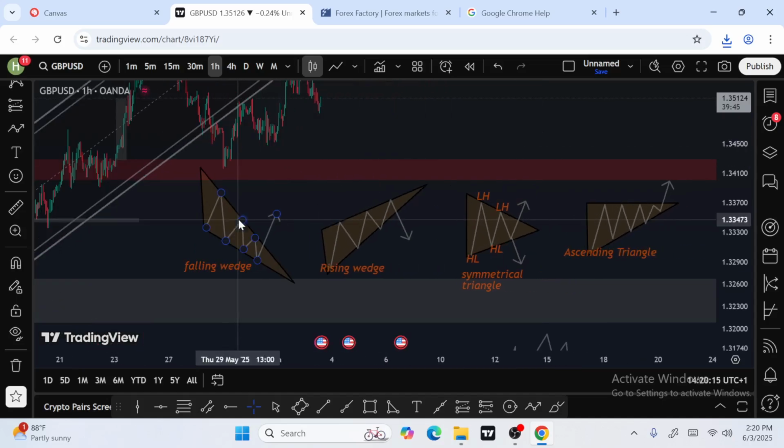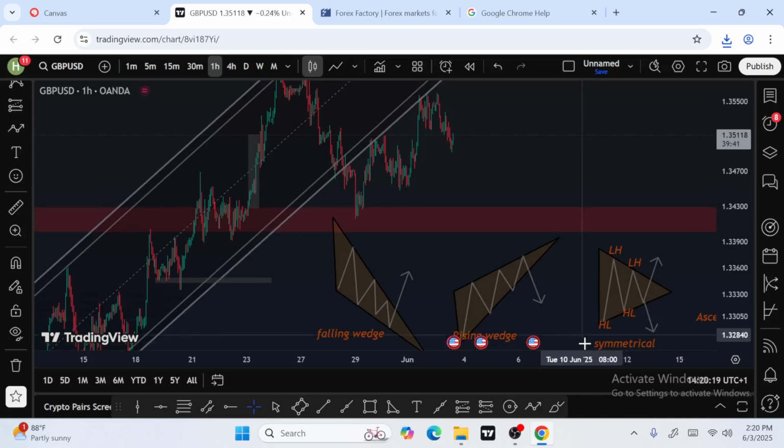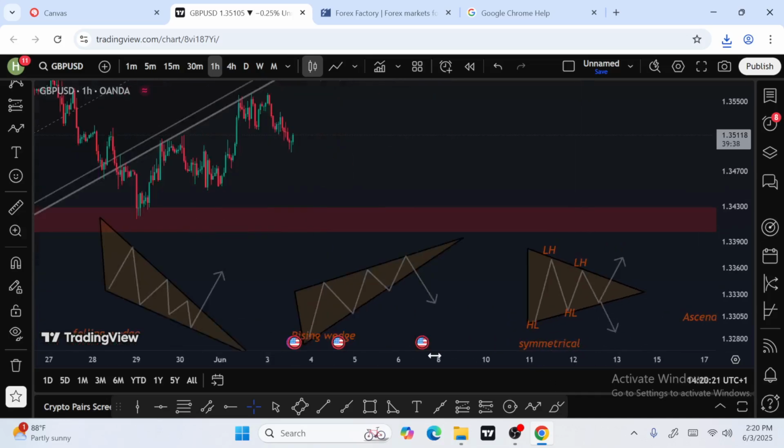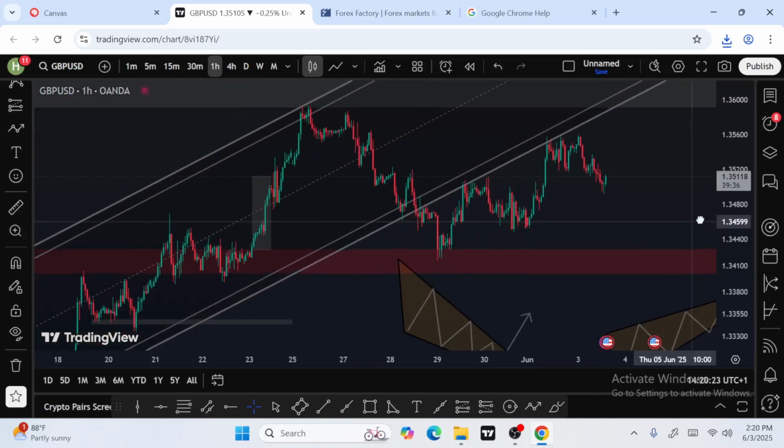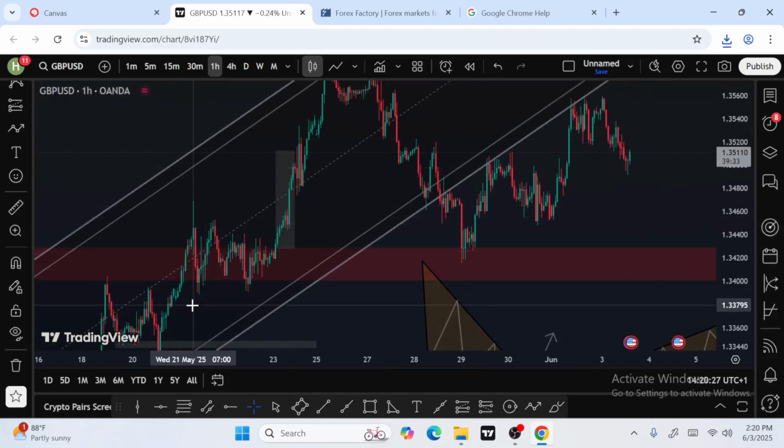Now that you know your shapes, once you see them, look at this. See, it is forming a lower low. Higher low, lower high. Higher low, lower high. It continues like that. What will you do?